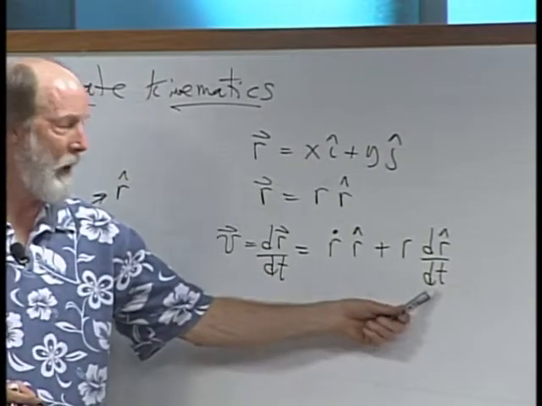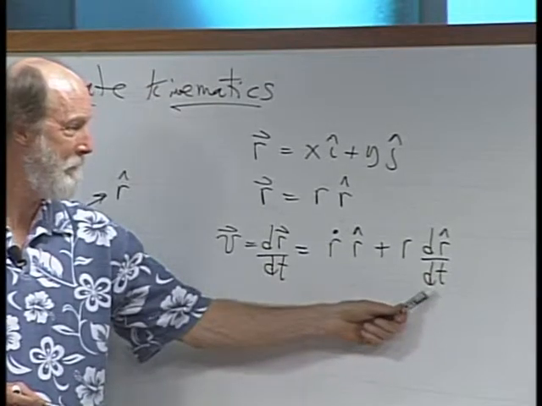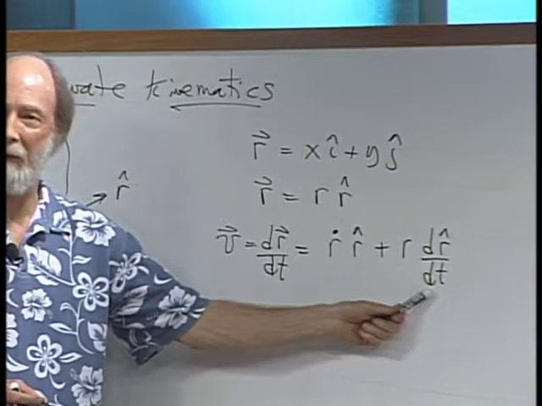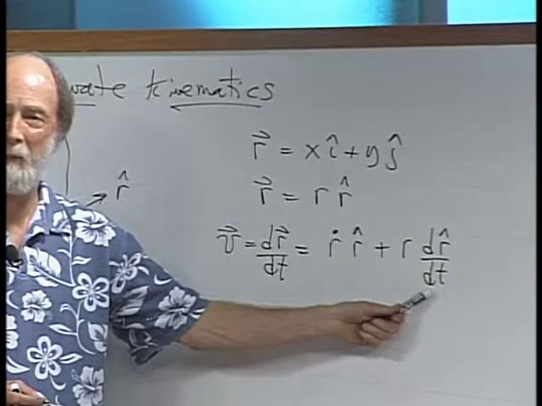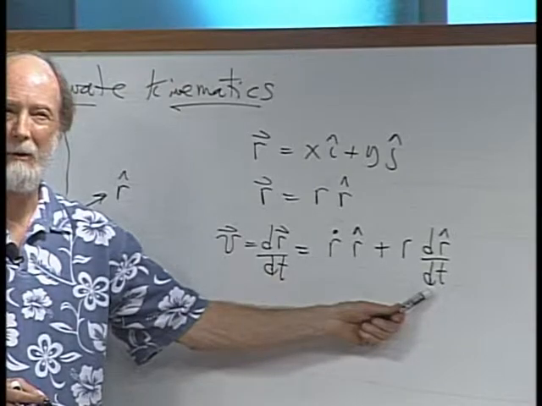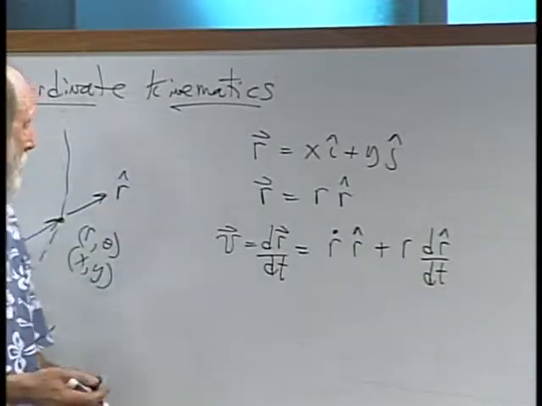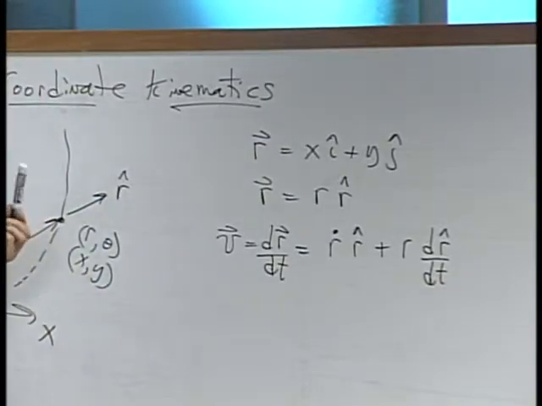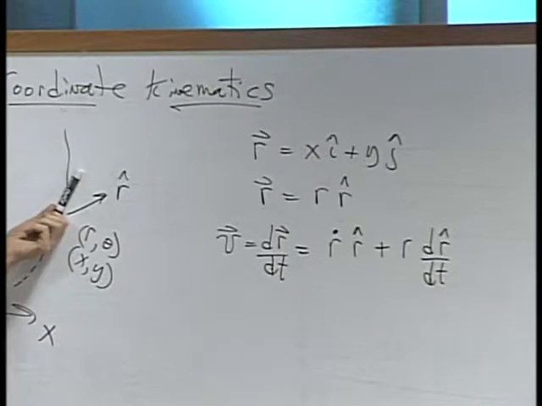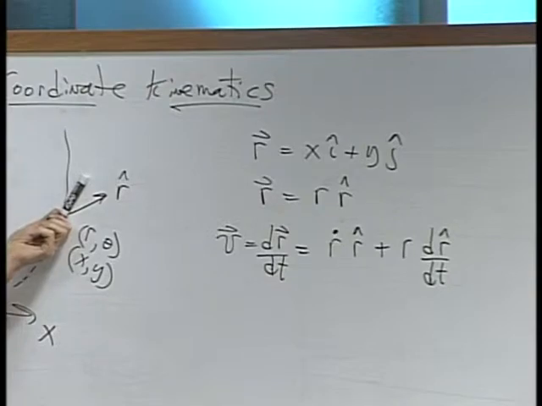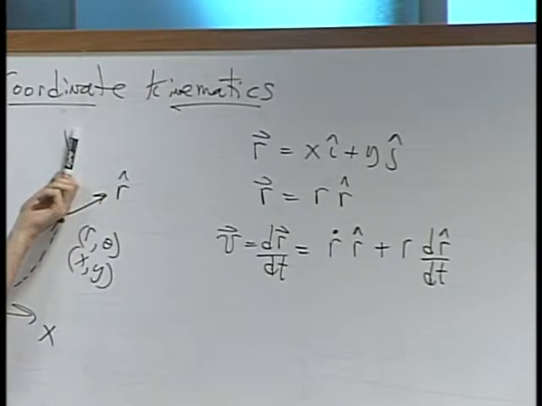How are we going to figure this thing out? Remember what we talked about the other day, previous session? Let's go back. Remember the other day we had speed v in the tangential direction, and then we let a little bit of motion occur and that tangential direction changed. And we worked up the derivative of the tangential unit vector with respect to time.